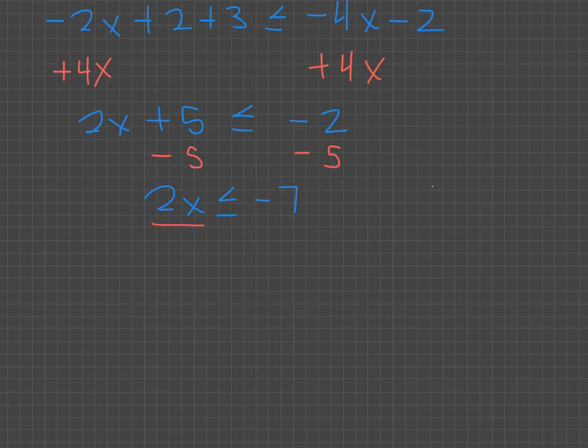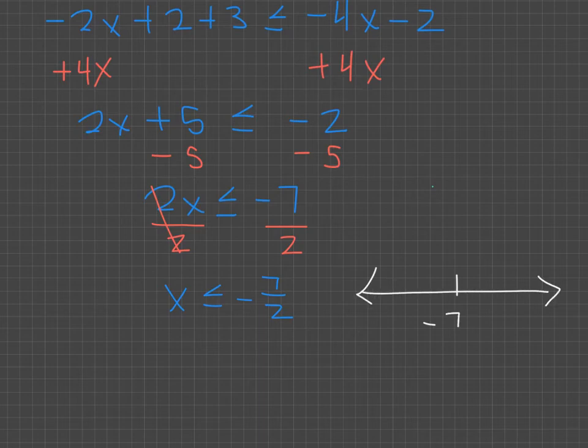Next step, we do want to divide by 2, but we're dividing by a positive 2. That cancels out, so we get x less than or equal to negative 7 halves. Number line, we have negative 7 halves, and we're including negative 7 halves, so we do a closed point.